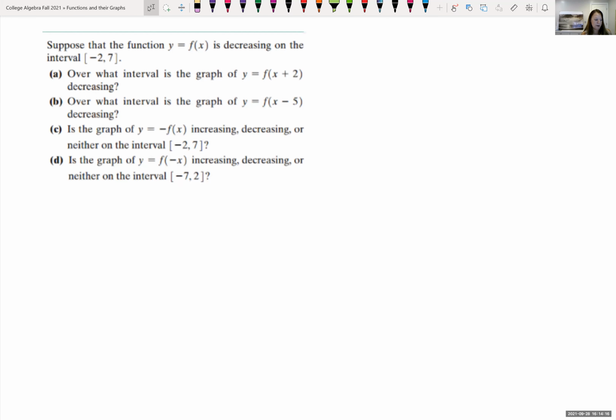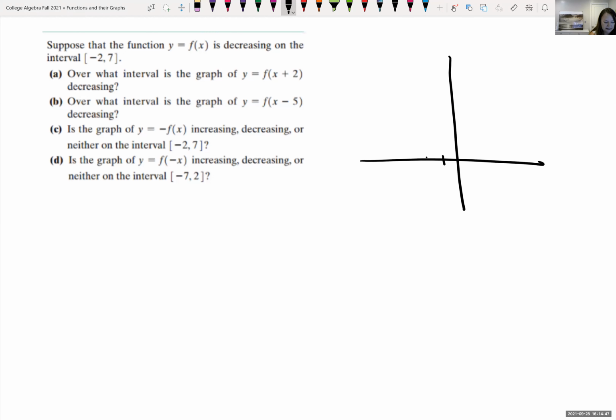Okay, so we have another example in front of us. It says, suppose that the function y equals f of x is decreasing on an interval from -2 to 7. Over what interval is the graph y equals f of x plus 2 decreasing? That's what part A is asking for. Let's just draw a picture of a graph that is decreasing from -2 to 7.